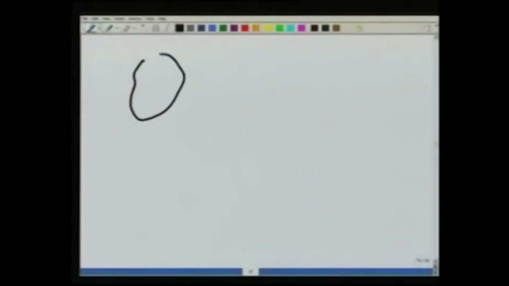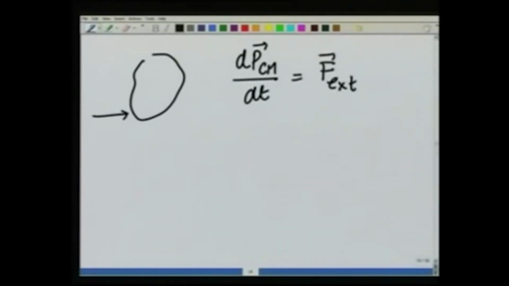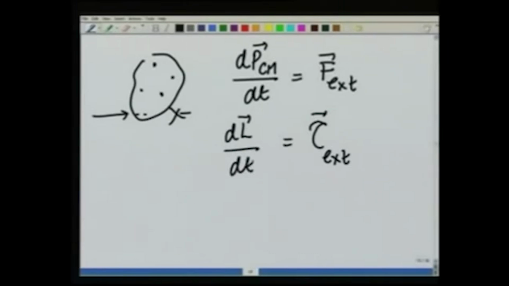So, let us take a rigid body, apply say a force here. One thing is very clear, that the center of mass moves according to this equation that we had already derived. What about the torque? There is a torque about any given point which is not in line of the force, and this should be equal to dL/dt about that point.